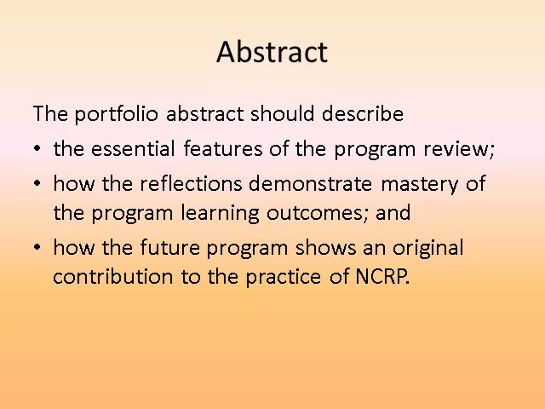The portfolio abstract should include the essential features of the program review, how the reflections demonstrate mastery of the program learning outcomes, and how the future program shows an original contribution to the practice of NCRP. The abstract should begin on a new page.